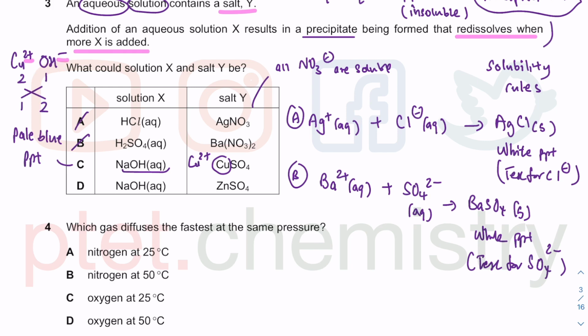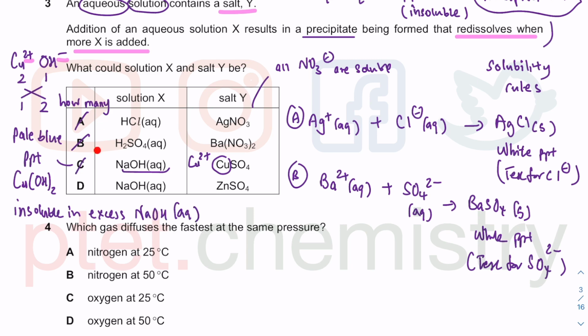Cross multiply in order to get this idea of how many of this ion you need. Well, you will need 1 of the copper 2+, 2 of the OH-, because minus 1 cancels out the plus 2. This is the formula for copper(II) hydroxide, pale blue precipitate. But this one is insoluble in excess sodium hydroxide. It can only dissolve if you have excess aqueous ammonia to give you a dark blue solution.